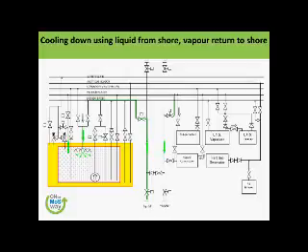Now we are going to do the cooling down after the gassing up, because we are going to do these two processes one after another in the simulator exercises after this lecture. We are going to take the liquid from shore and spray it from the spray nozzle. Then the vapor is going to expand and increase the pressure.